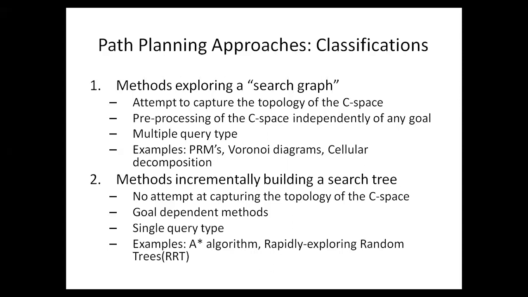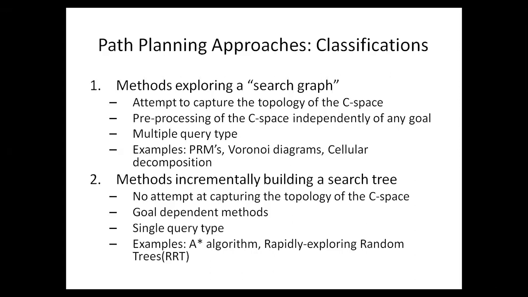For the search graph, we attempt to capture the topology, and we'll have pre-processing of the space and multiple query types. For the search tree, we'll have a single query type.